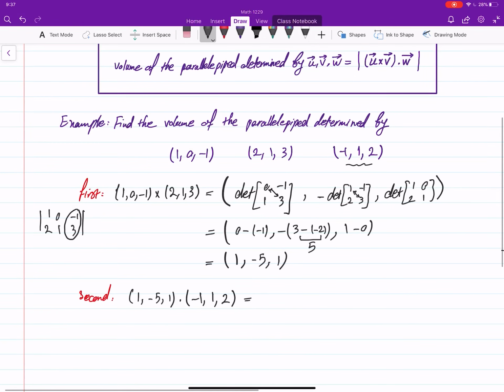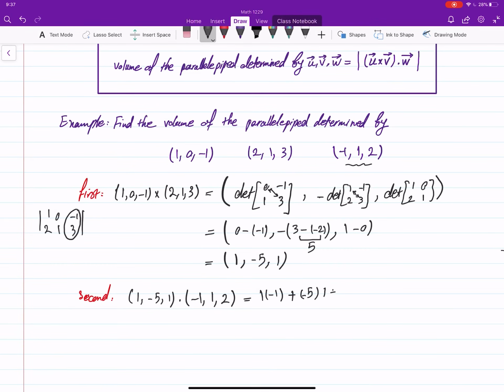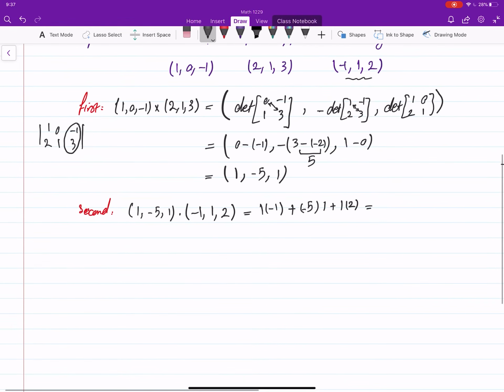This gives us the first component times the first component, plus the second component times the second component, plus the third component times the third component. This gives us negative 1, negative 5, plus 2, which is negative 4.